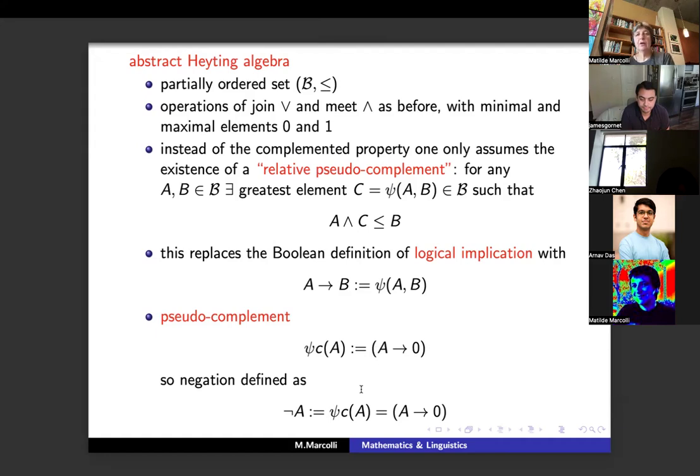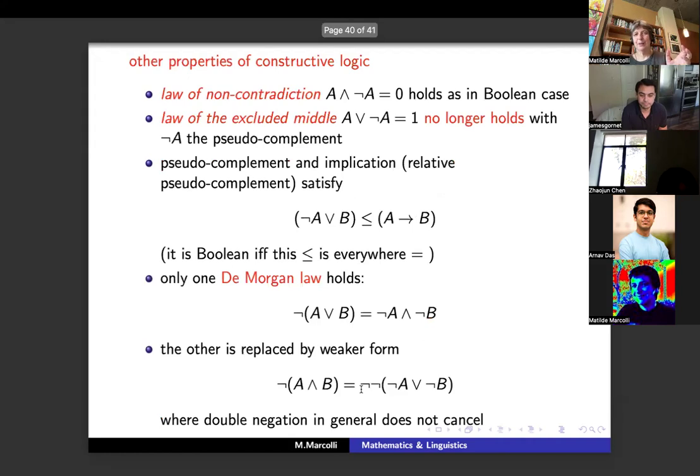The point of doing it this way is that this has most of the same properties as the Boolean algebra, except that you allow more flexibility when it comes to particular properties like the law of excluded middle.